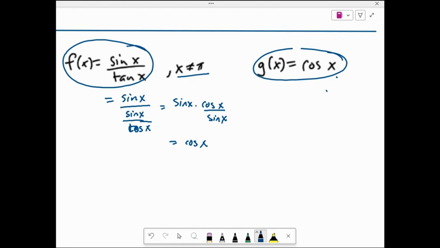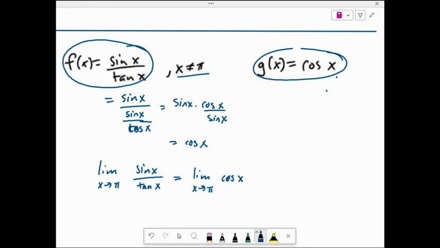So if I wanted to take the limit as x approaches pi of sine of x over tangent of x, since this function is not well defined at pi, then I have to simplify it, which I just showed above, so I'm not going to repeat those steps here. It is really cosine of x.